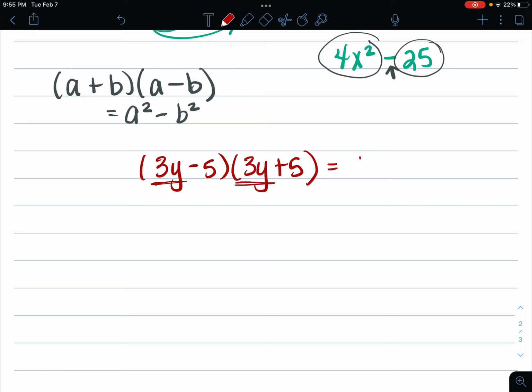So I see my first term is a 3y, and 3y squared is 9y squared. I have a minus sign because these are different, right? So I know it's going to end up being this particular method. And my 5's, 5 squared is 25. So 9y squared minus 25.